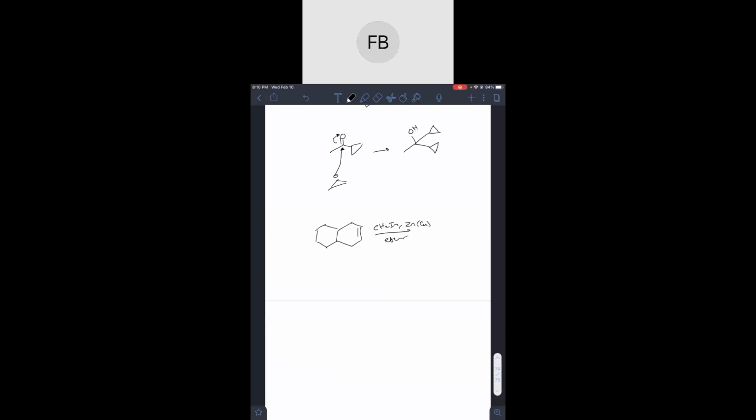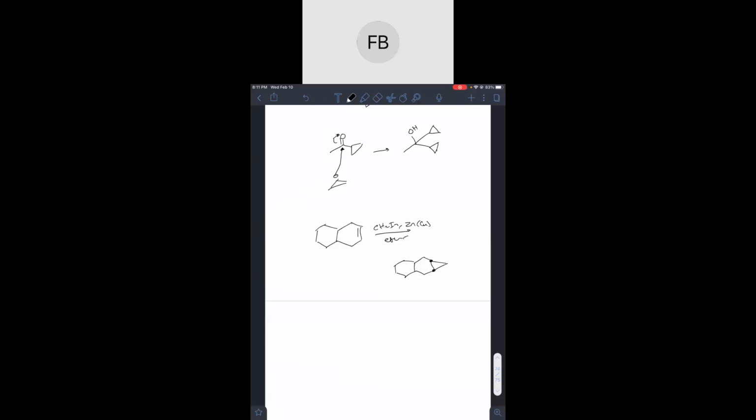But anytime I see something that I don't remember, I just look at what it does and take that as the rule. So what has it done here? It took the double bond and turned it into a triangle. Guys, I don't even remember what this is, but look, it forms a triangle between those two carbons where the double bond was.